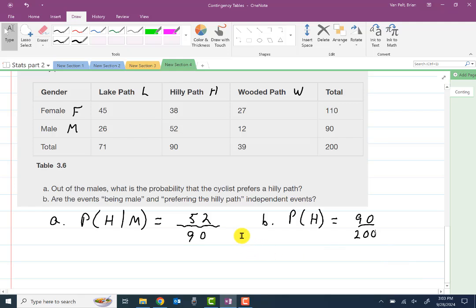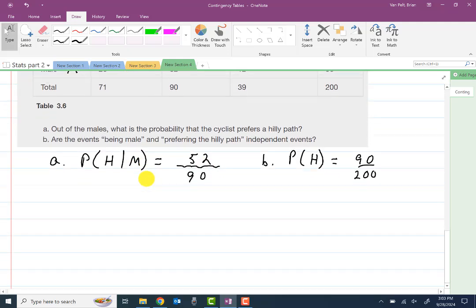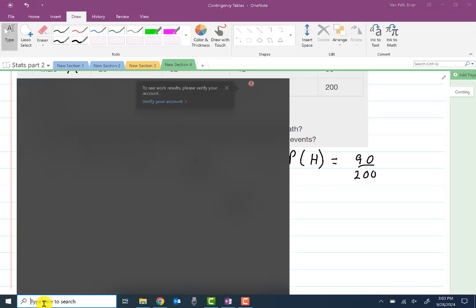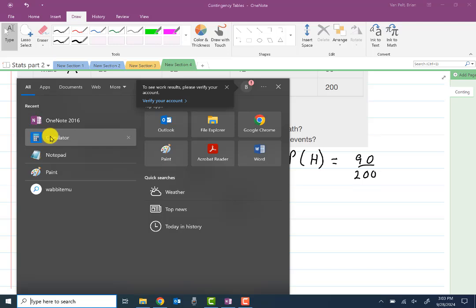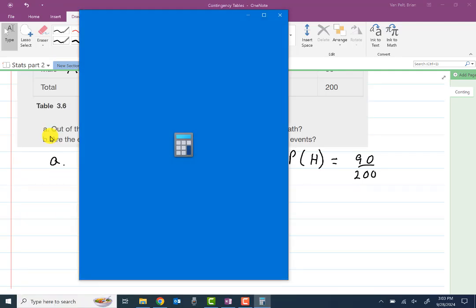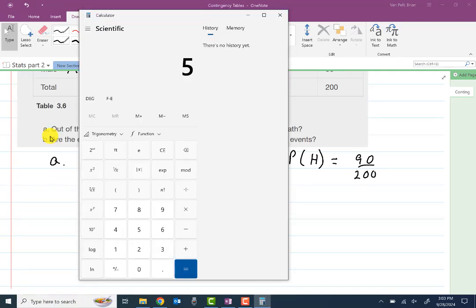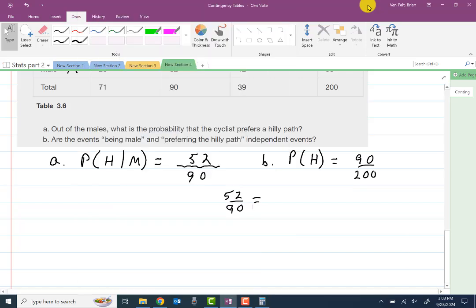Now, I don't know if you can tell, these are not the same. So if I take a look, 52 over 90 is approximately, let me get a calculator here, 0.57778.